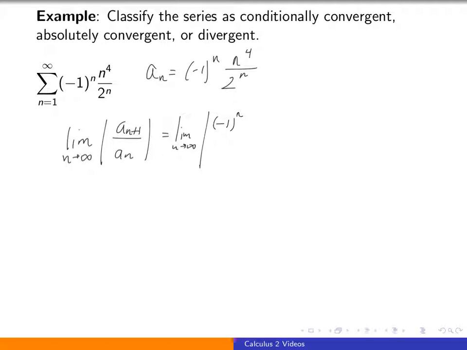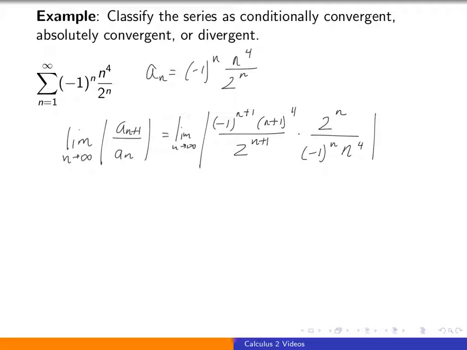So minus 1 to the n plus 1, n plus 1 to the fourth, 2 to the n plus 1. And once again, instead of dividing by a sub n, what we do is we multiply by its reciprocal. So we'll multiply by 2 to the n, divided by minus 1 to the n times n to the fourth.